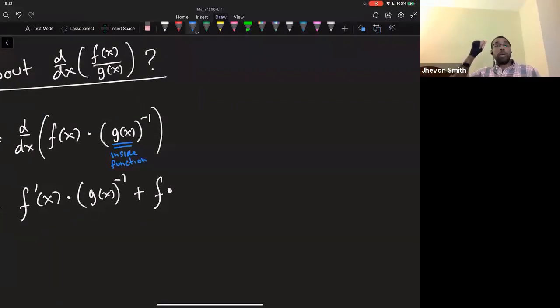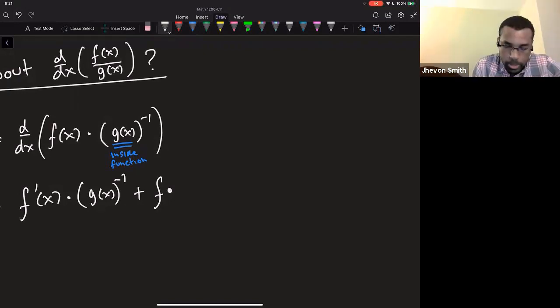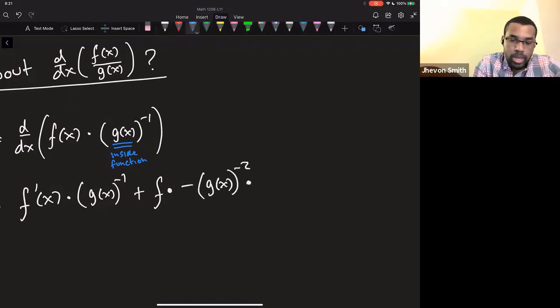The outer function is the minus 1 power, right? So we have to take the chain rule into account. So we're going to differentiate the outer function, which we now know the power rule. The constant power is going to come down in front. You're going to subtract 1 from the power. Then you're going to multiply by the derivative of the inner function.